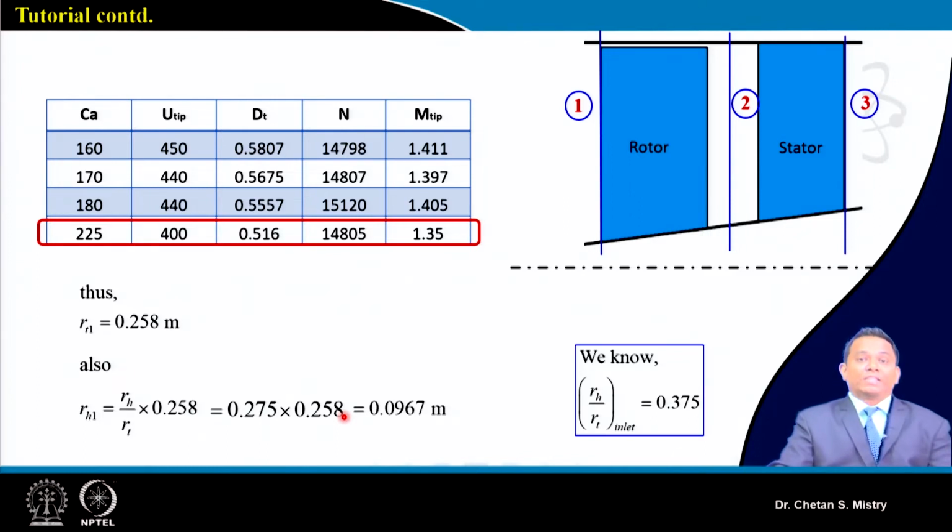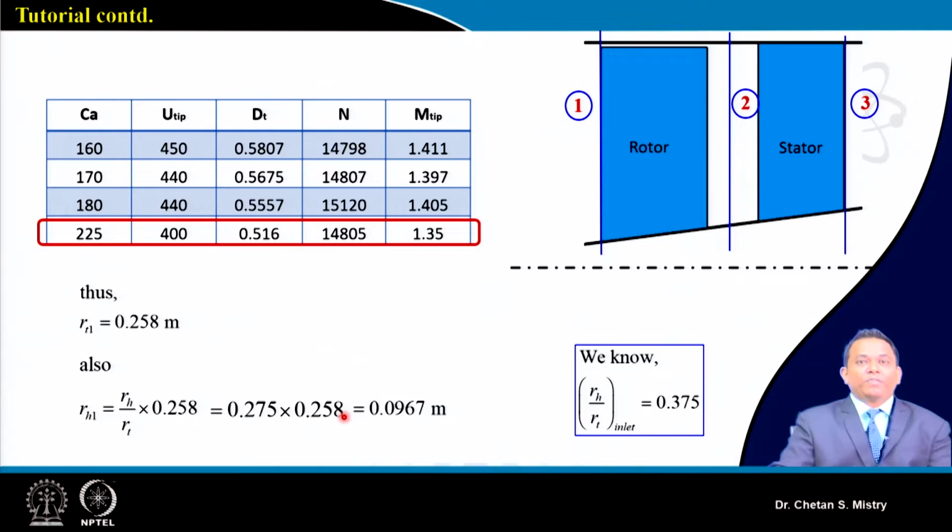Now the next step is calculating the different geometrical parameters for the stage, that is, the rotor and stator in combination. What is given to us is the pressure ratio per stage, and that is what we will take as the base for our future calculation.